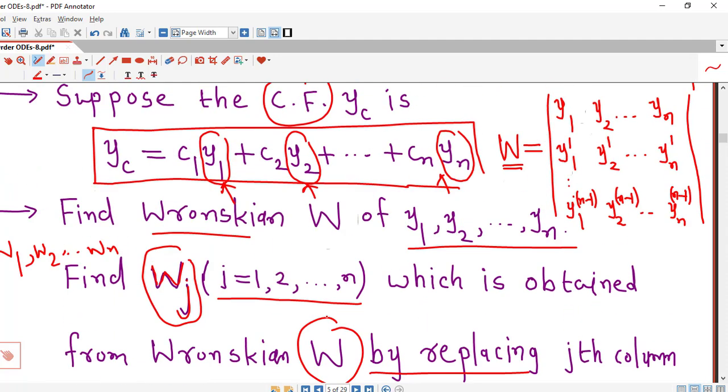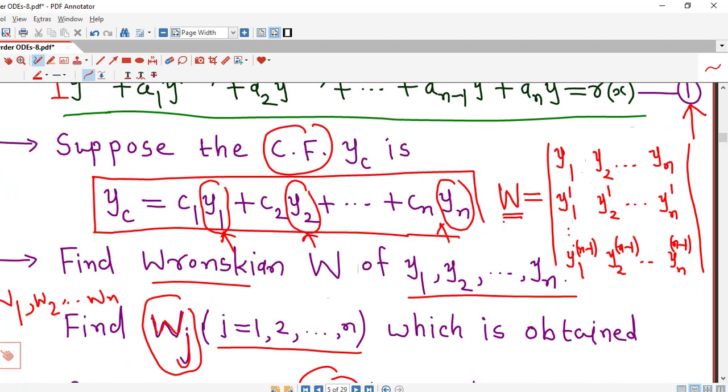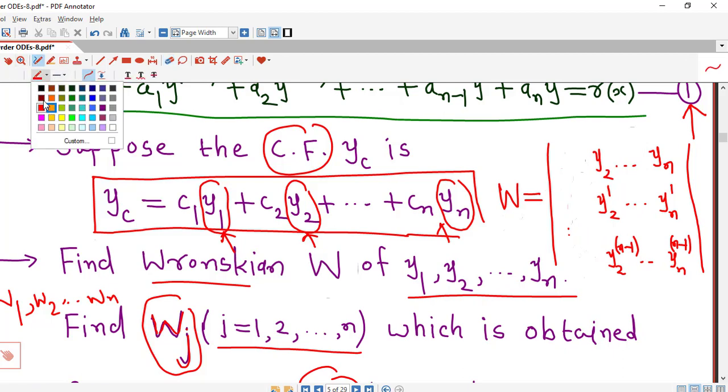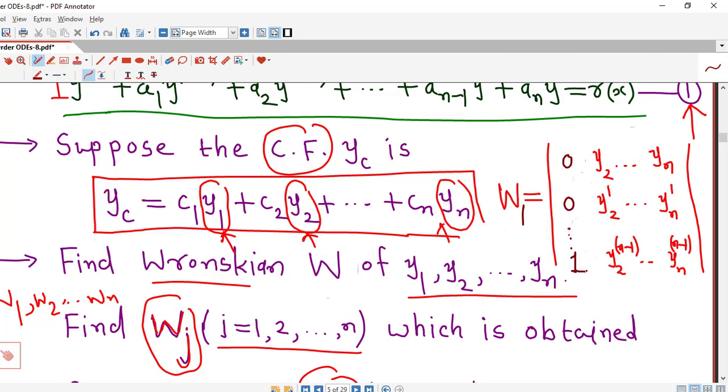So for example, if I want to write w1 from this Wronskian, then I will replace the first column by 0, 0, 0, 1. w1 is obtained from the Wronskian by replacing the first column of the Wronskian by the column 0, 0, 0 up to 1.